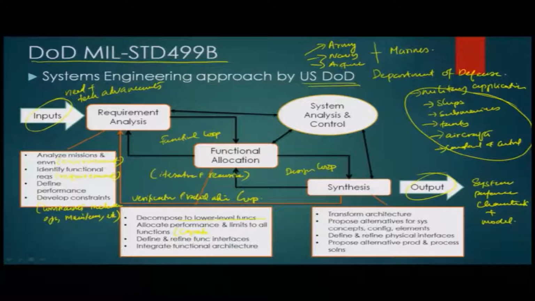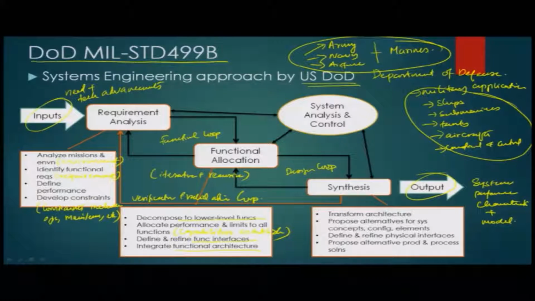So, establishing the capabilities is part of this, and you define and refine functional interfaces, how different functions will interface with each other, and finally the functional architecture is also being done as part of it. But as I said earlier, in defense systems the functional aspects are pretty much limited to the forces within which they are using it. So, hence it is very well crystallized. So, in that regard, this is why this model works quite well for the defense aspects.